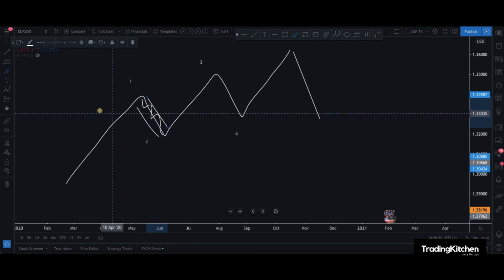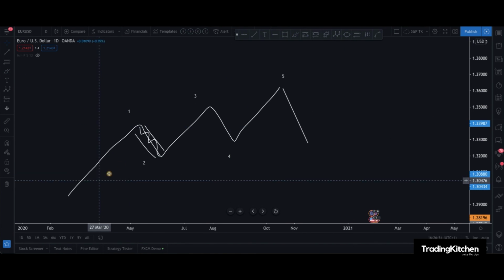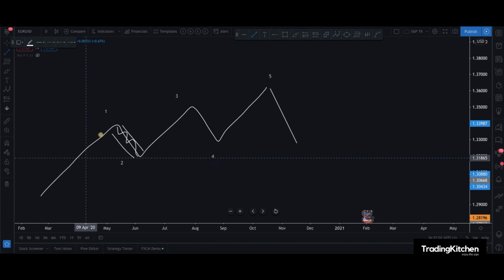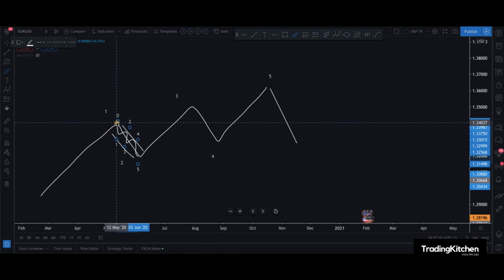Okay, so the whole pattern is impulse up and channel up, but this is impulse up, channel down. So we have a pattern in the pattern. Okay, 1, 2, 3, 4, and 5. Same thing here.